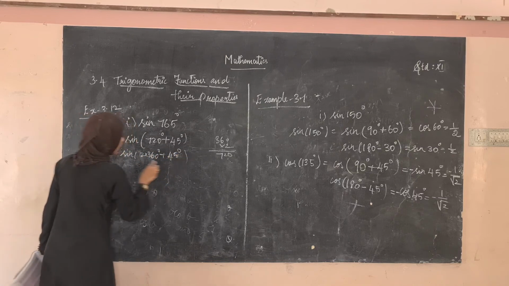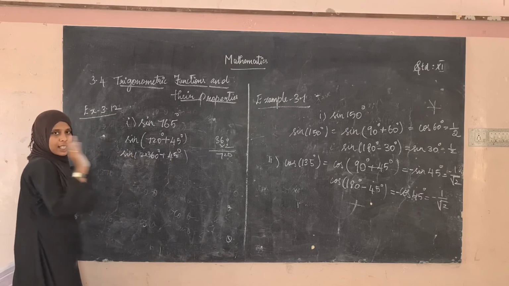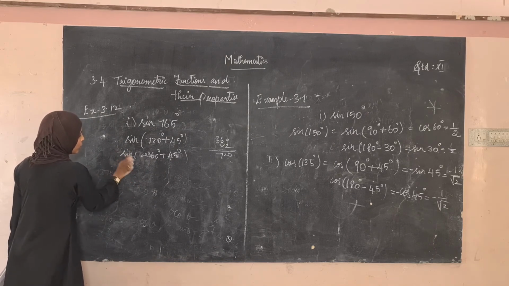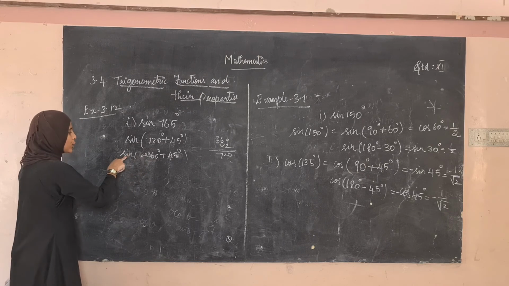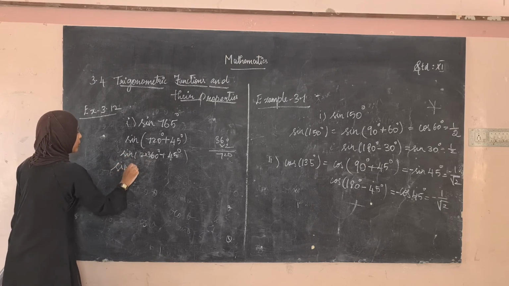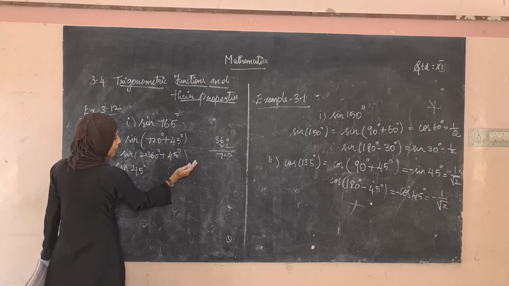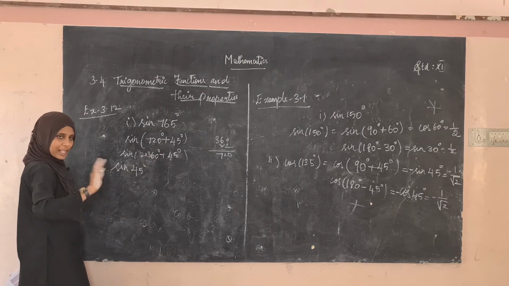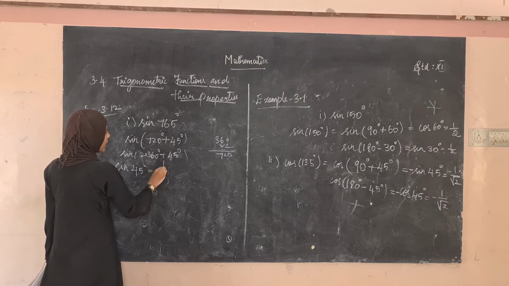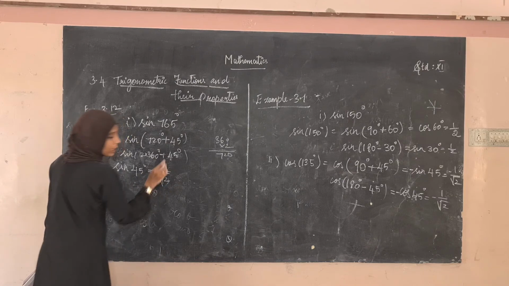No problem with that. 2 into 360, now we can take it as 360 itself. Since 360 is here, we should not change the function. So sin of 45 degree, but 360 plus lies in the first quadrant. In the first quadrant everything is positive. So what is sin 45 degree? 1 divided by root 2 is the answer.